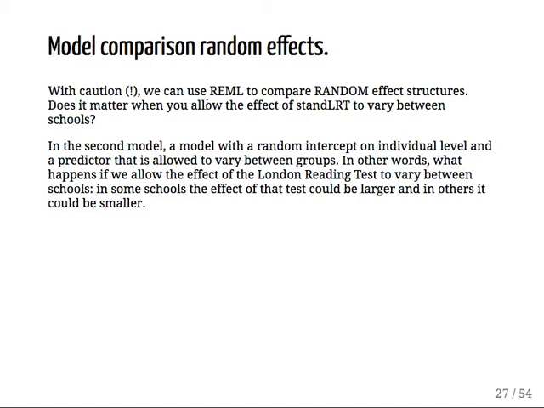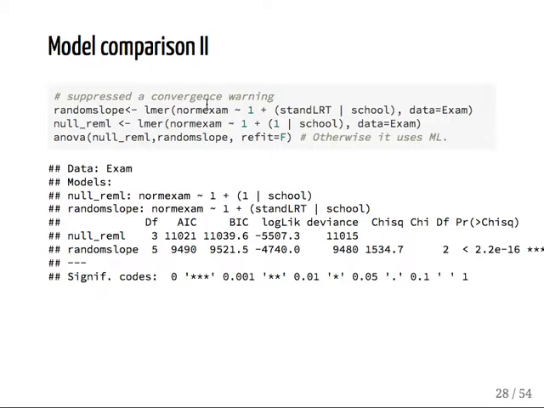They try to get everybody's grades up, for example, and that would help. So what we now do is, this was the model I was showing you before, we built a standard LRT model, and we built this model, and now when we do the ANOVA, we have to say refit is false, because otherwise it will do the maximum likelihood thing.